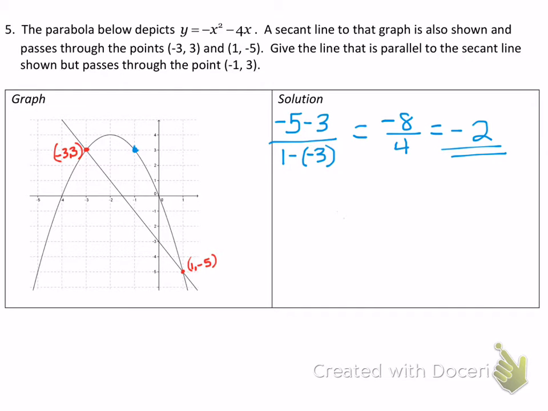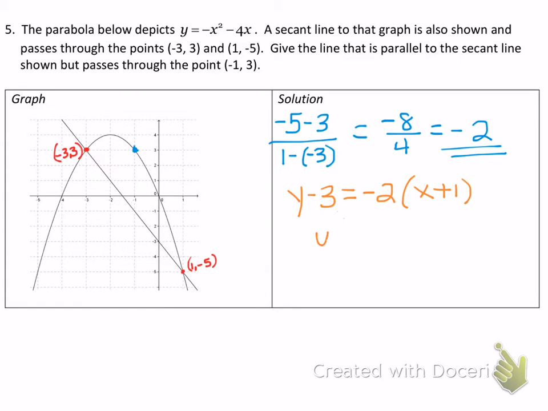So if it passes through the point negative 1, 3, again, I can borrow that. Or let's work, I don't know, with point slope form, something different. y minus 3 equals negative 2 times x minus negative 1, which is plus 1. Again, I'm just choosing something different.